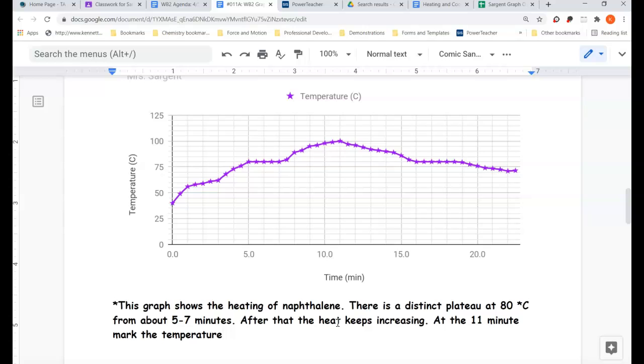The temperature begins to cool. Again, there is a plateau at the 80 degrees Celsius mark around, I don't know what time we got there, about from 16 to about 19 minutes.